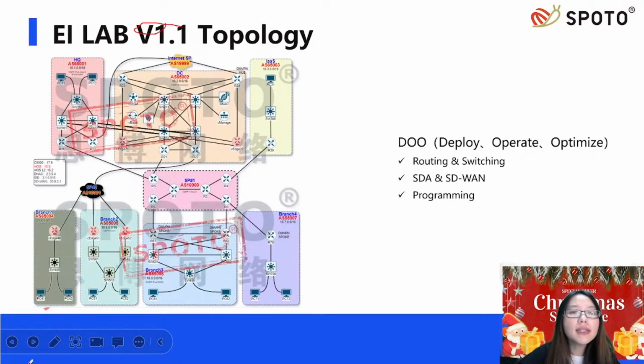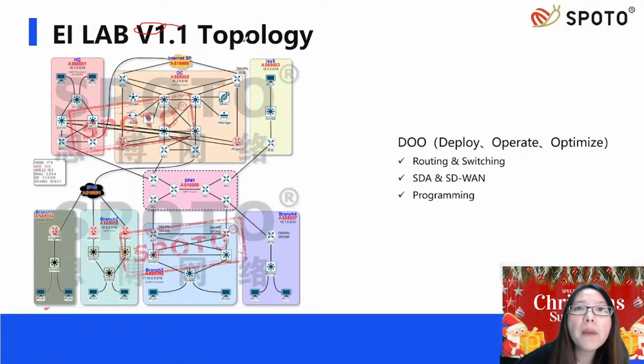You can see this is our version 1.1 topology. It's basically the same as our old version, with only a few changes in the topology. You can see the VH is changed to CH. These are CH.